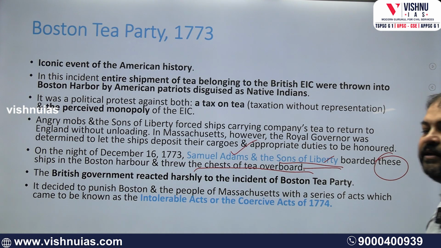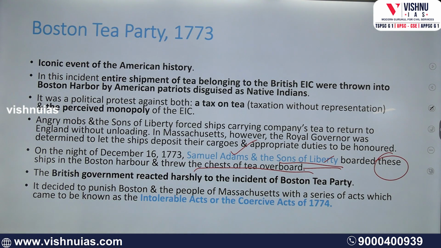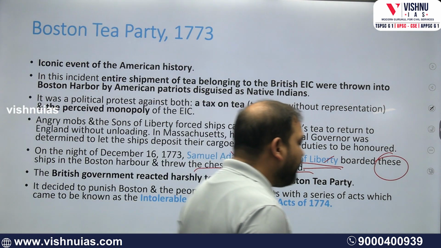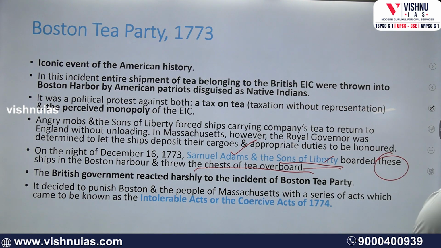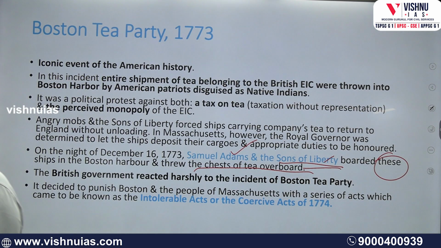Write one last line. In response to this act, that is Boston, guys, they have done so much harm to the British. Invariably, what do you expect? The British would bring some draconian laws.